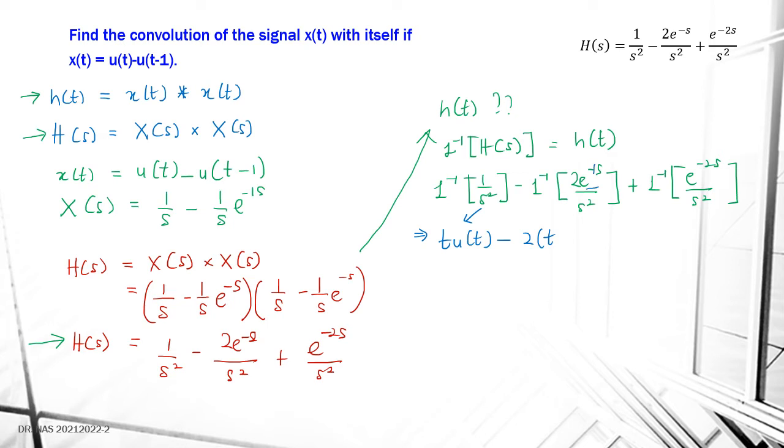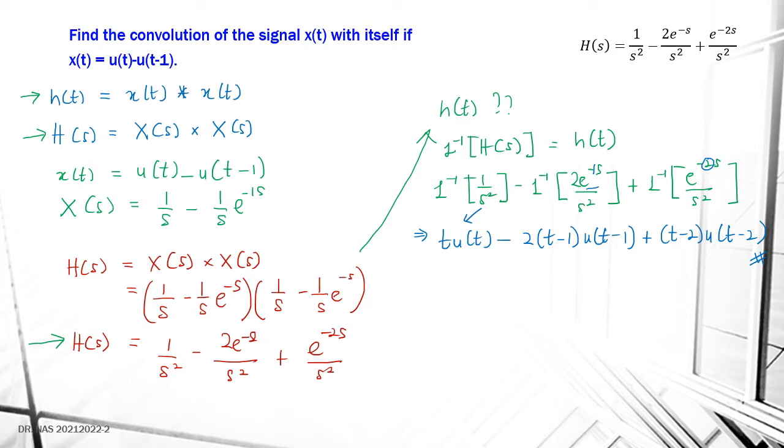In this case, your a is 1, so (t minus 1) u(t minus 1), and then plus again another t function, but now the a is 2, so (t minus 2) u(t minus 2). So this is your h(t).